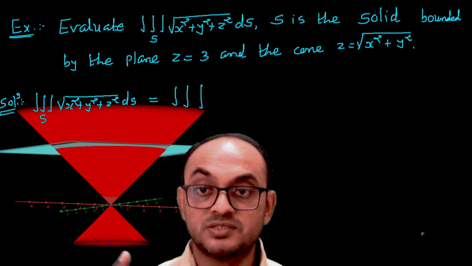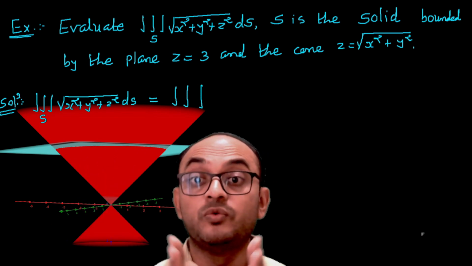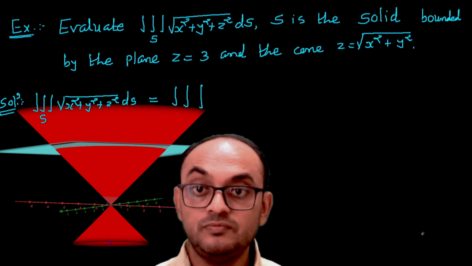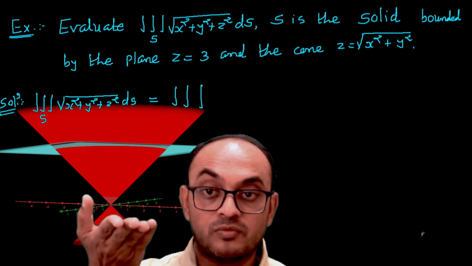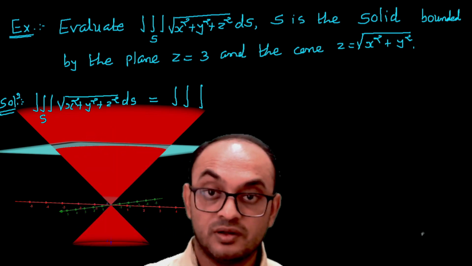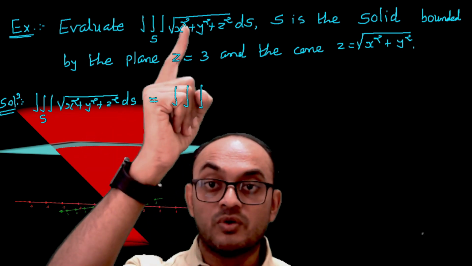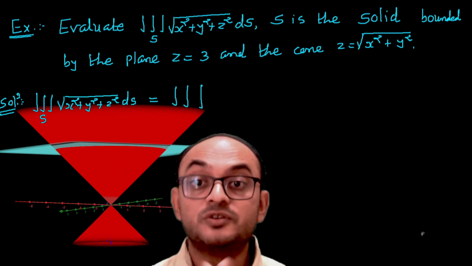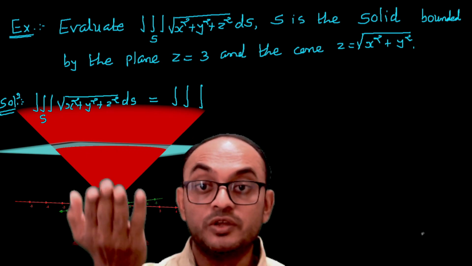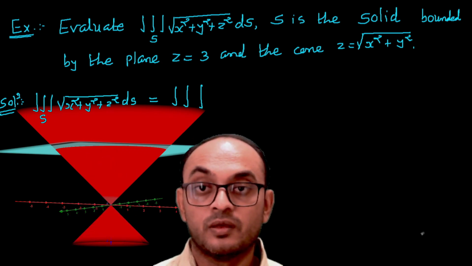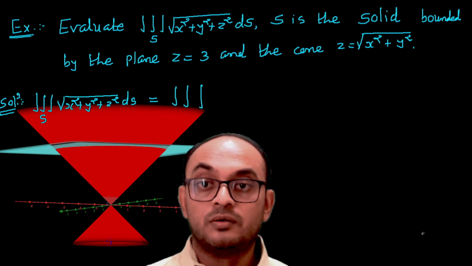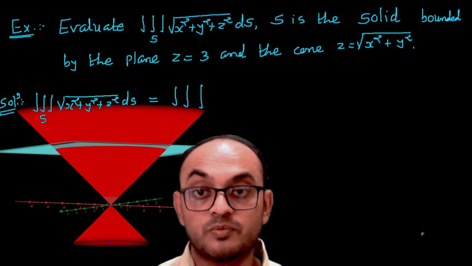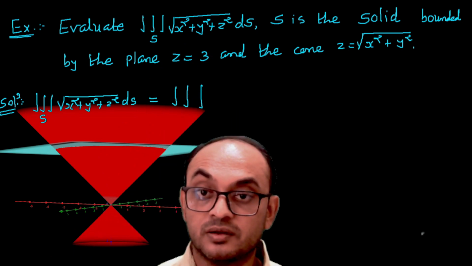Now the question arises, for this particular solid, how do we write the limits? So what is the first task? We write the limit from down to upward direction. But here if you observe the quantity square root of x square plus y square plus z square, it may be difficult to integrate with our usual limits.